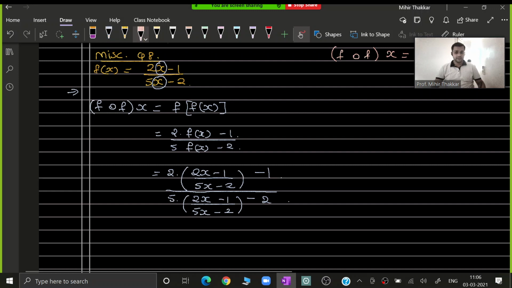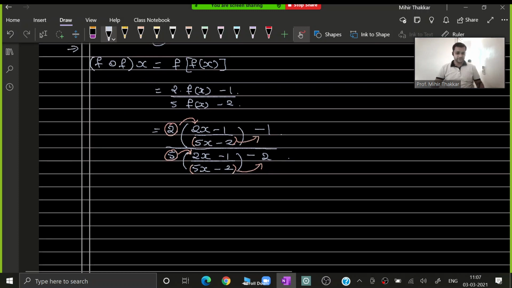Now, this 2 will be multiplied to the terms of the numerator over here and this 5 will be multiplied to the terms of the numerator over here. This 5x minus 2 will be taken LCM with 1, and the denominator 5x minus 2 will be taken LCM with 2. So when you write it, just be very careful.